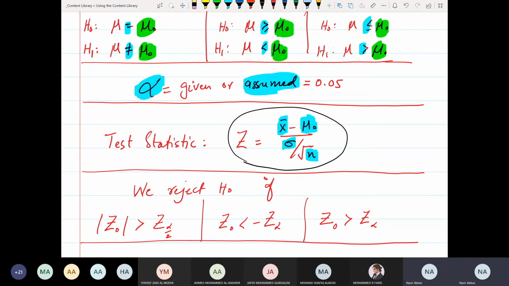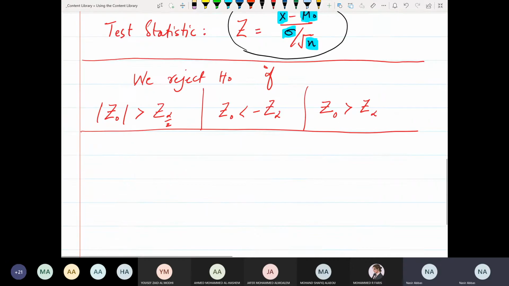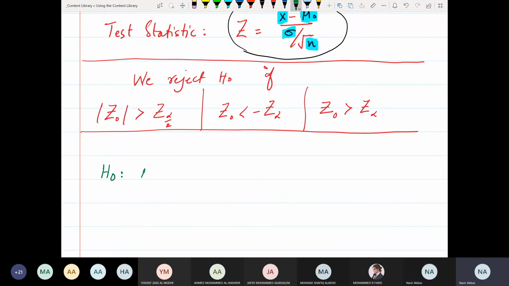For now, I'll jump on to a question where we will test the hypothesis regarding mu. And there I will explain how to formulate H0 and H1. H0 is called the null hypothesis, and H1 is called the alternative hypothesis.